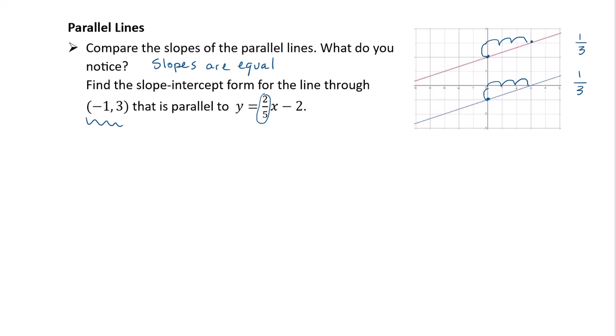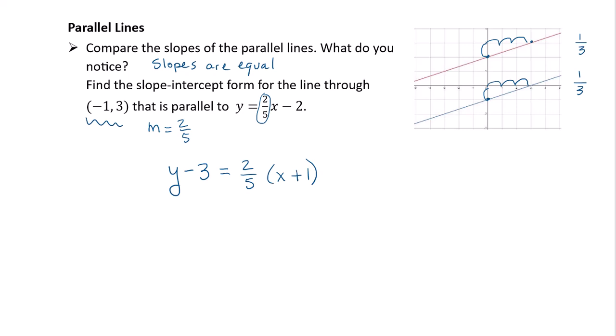If we're parallel to that line, then I know I'm going to have the same slope of 2/5. Again, find the slope-intercept form. I'm not going to be able to start off with that, but I can start off with the point slope form and eventually work my way to the slope-intercept form.